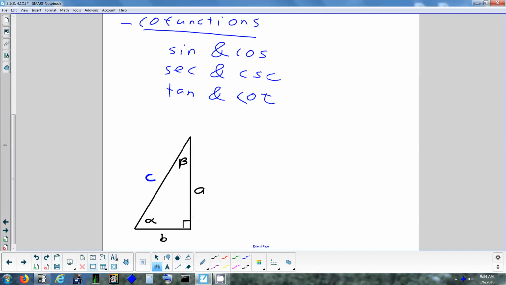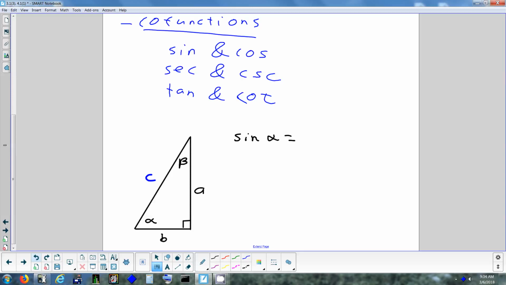And if I scroll up, we said something earlier. What's the relationship between alpha and beta? What kind of angles are they in this right triangle? Yeah? They're complementary. Okay, keep that in mind. Alpha and beta are complementary. So let's find a couple things. Let's start with the sine of alpha.